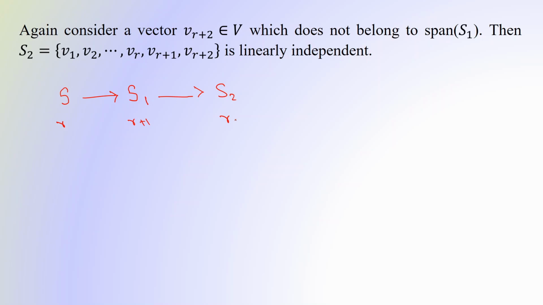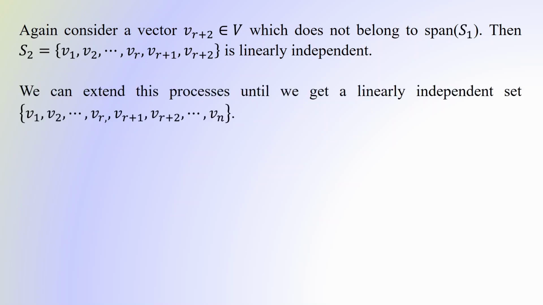Here we have one more vector, r+2. Likewise, you can continue until the final set contains n vectors. So we can extend this process until we get a linearly independent set of n vectors.